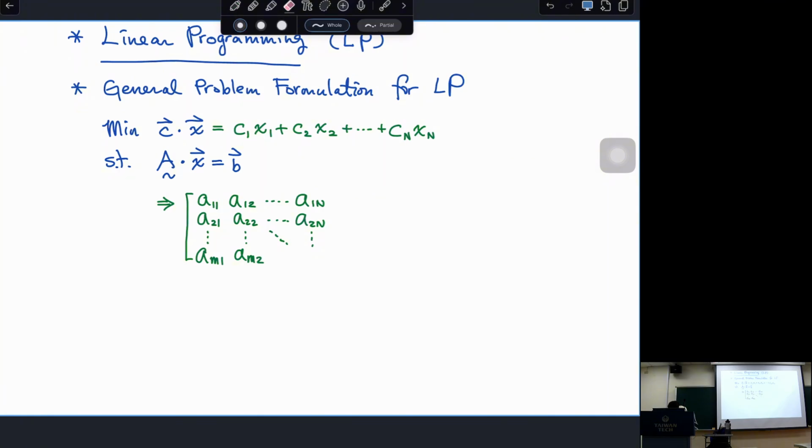I would like to use small case n. Small case. Okay, so small case.